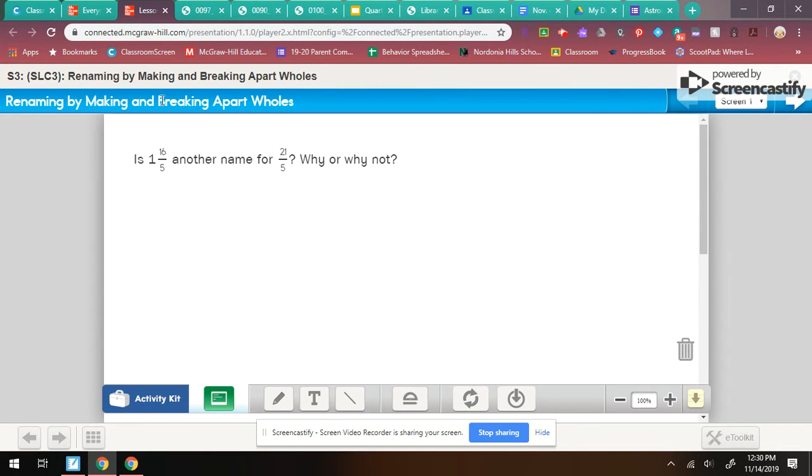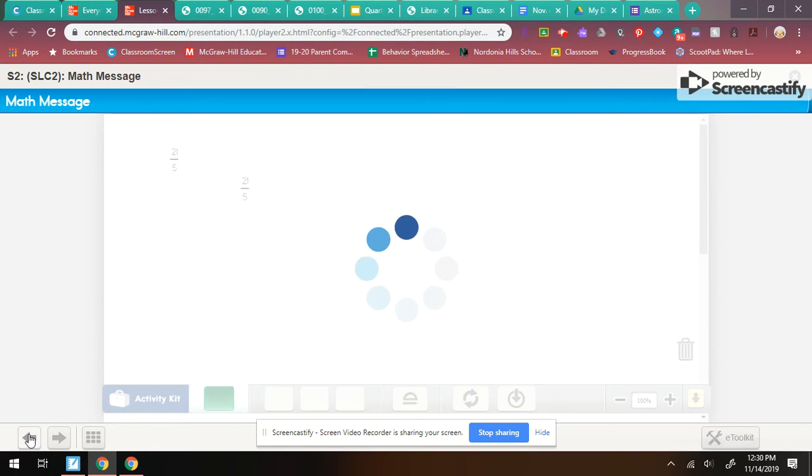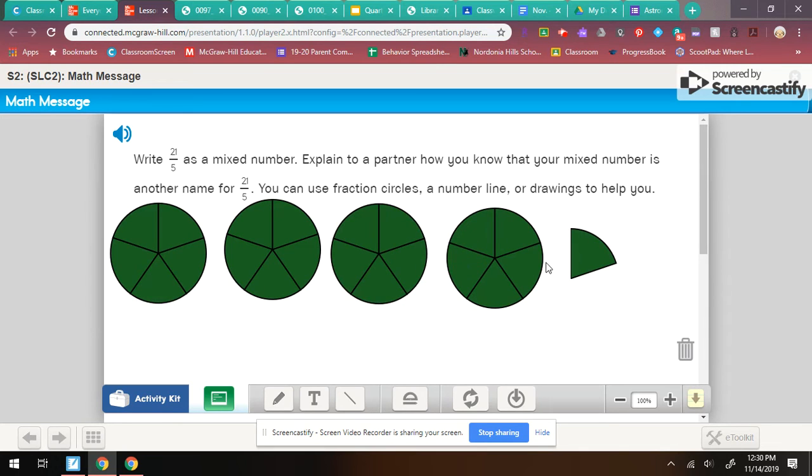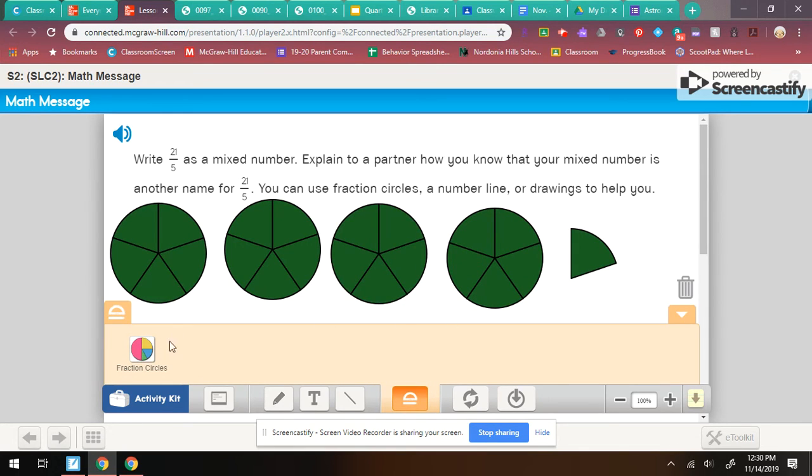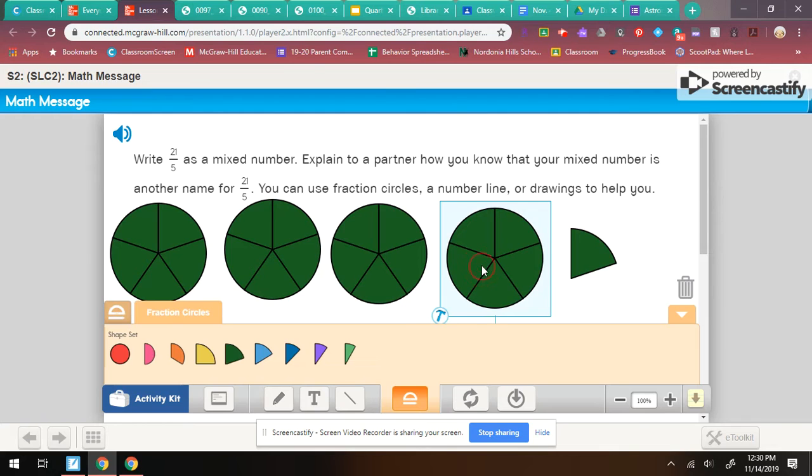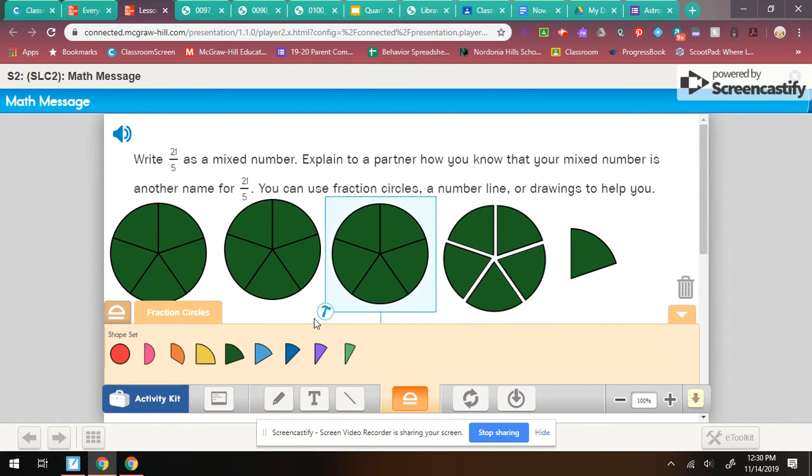So I would like to know, is 1 and 16/5 another name for 21/5? Well, if I go back to this page, is that another name? Well, let's break this one up.